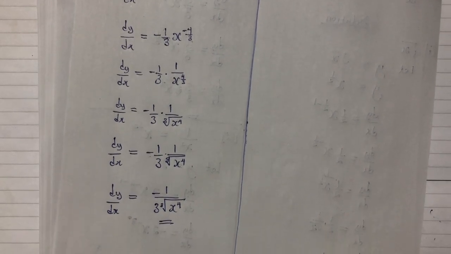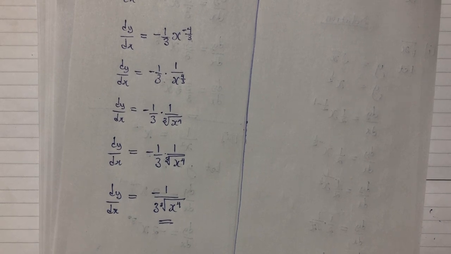And this will be our final answer. So this is how we use the indices to differentiate functions of this form. It is very simple. We need to know how to manipulate indices. The basic rules of indices you can read under indices and logarithms to learn the rules, to make it easier for you to differentiate functions of this form.